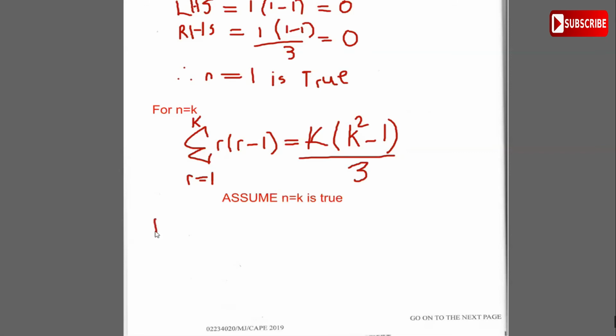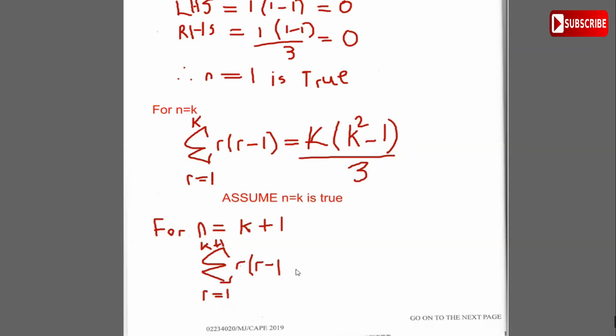Since we're assuming this now, let's go ahead and work out the others. And so for n equal to k plus 1, we are going to get the sum from r equal 1 to k plus 1, because n is now k plus 1, of r into r minus 1.